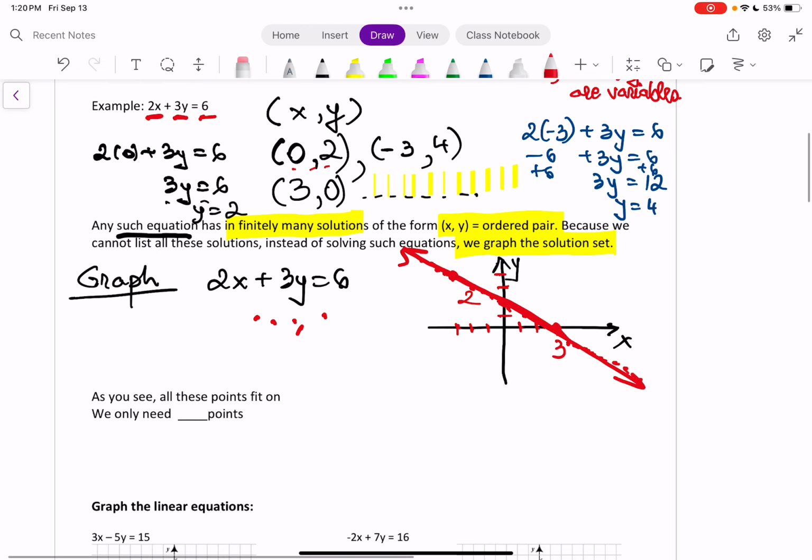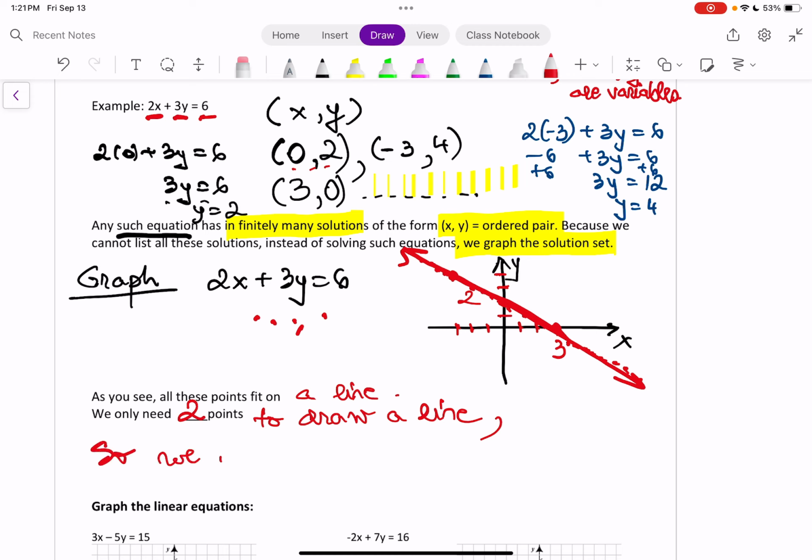Okay. So as you see, all these points fit on a line. And we, in fact, only need 2 points to draw a line. So we will only need to find 2 solutions.